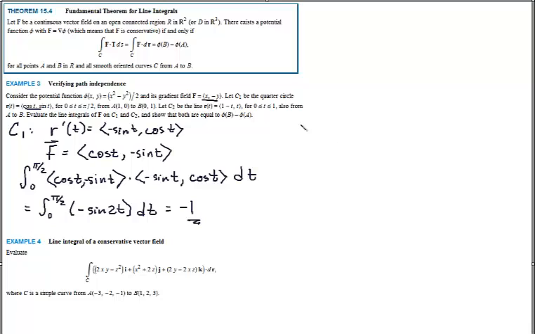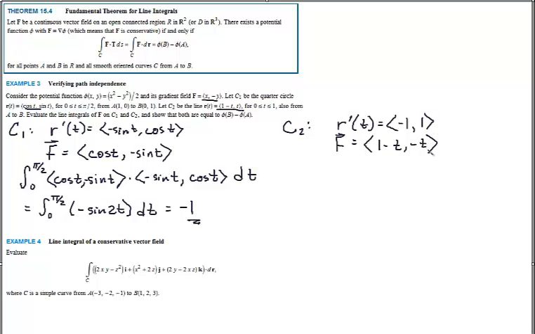For your second curve, I have that r prime of t is going to be -1, 1. Note right here, there's my r for this second one. That means that my f vector is going to be equal to 1 minus t and -t.